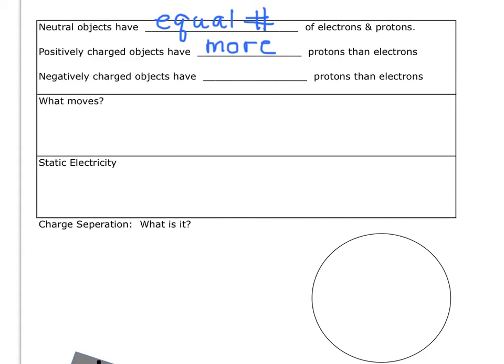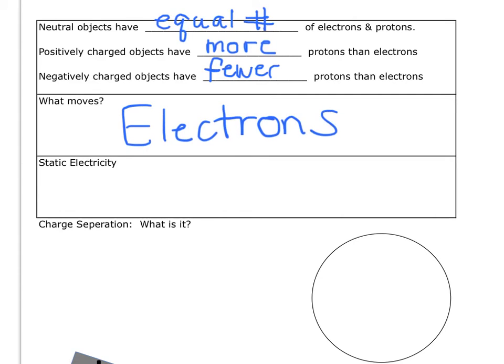That's what makes them positive, more protons. And negatively charged objects have fewer. So it's this imbalance of electrons and protons that causes electric charge. I've told you already several times, it's electrons that move. Okay, static electricity. What's static electricity? Well, by definition, static is non-moving.